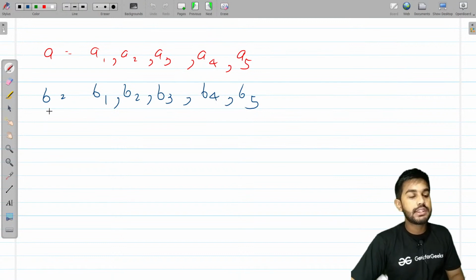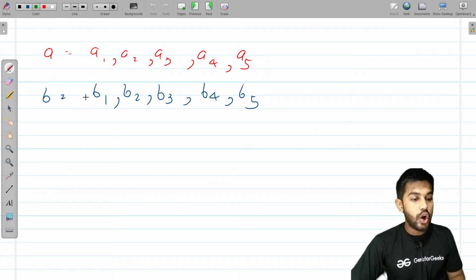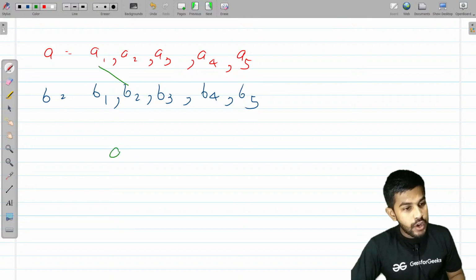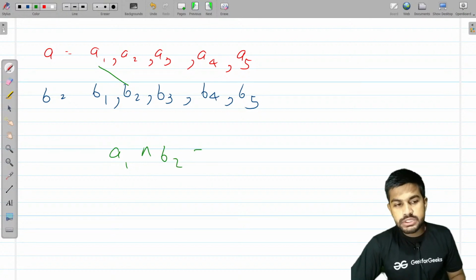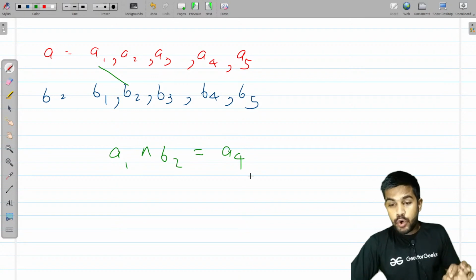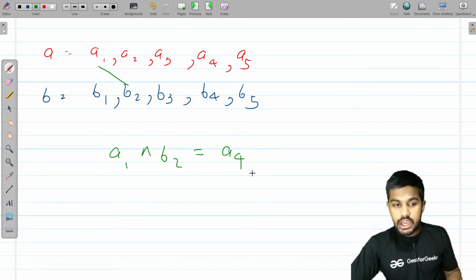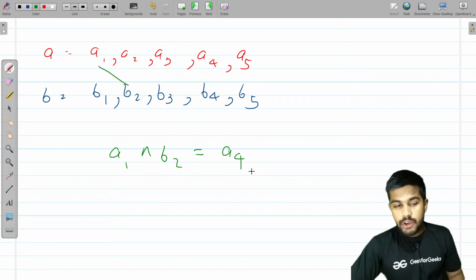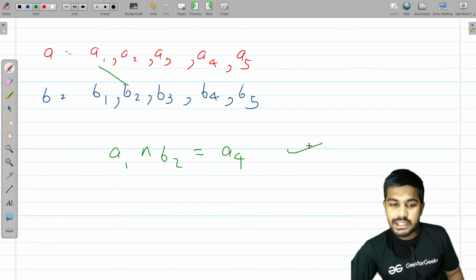Okay, so suppose we do a1 XOR b2, and suppose the answer is a4. We know that a4 exists in the array A, so we would consider it a valid pair.